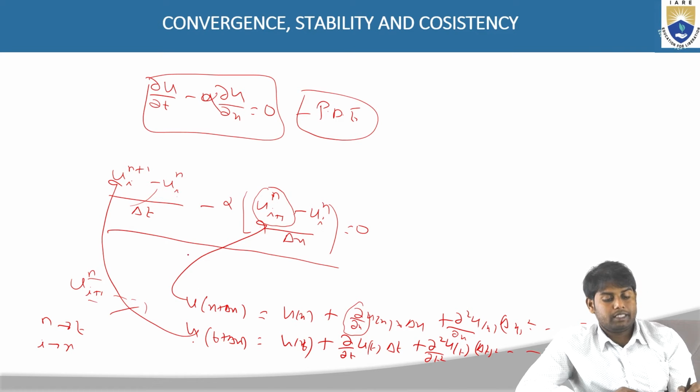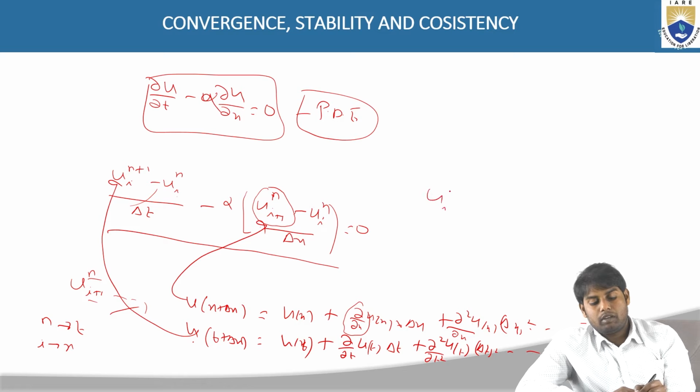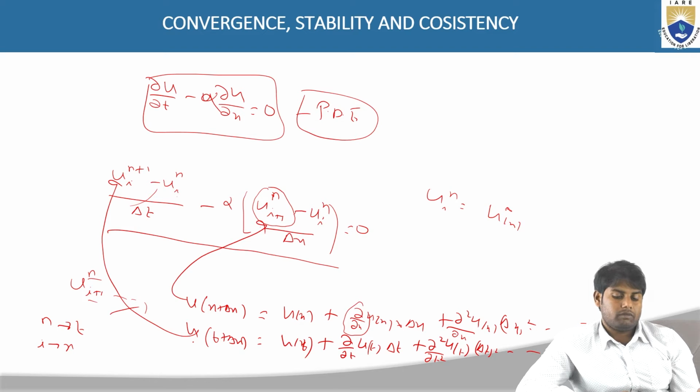These u of i to the power of n will be like u of x to the power of n, or you can take u of x. We substitute all these terms and see whether the original PDE is obtained or not.